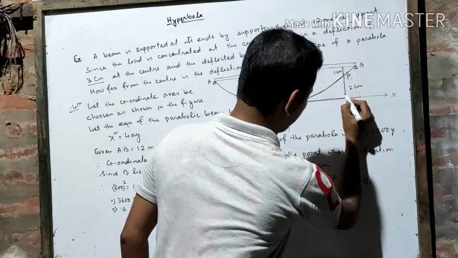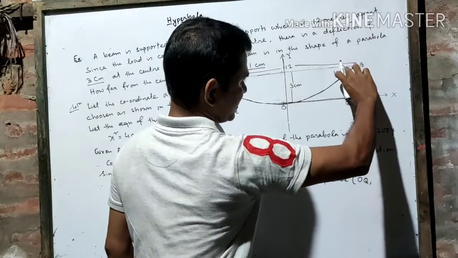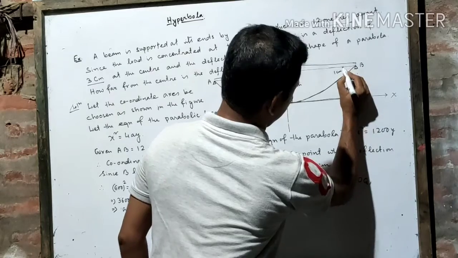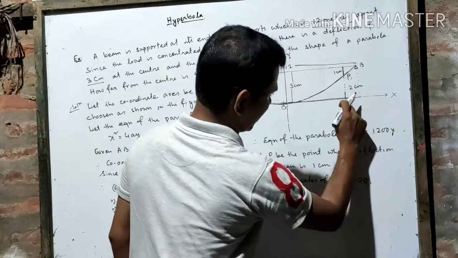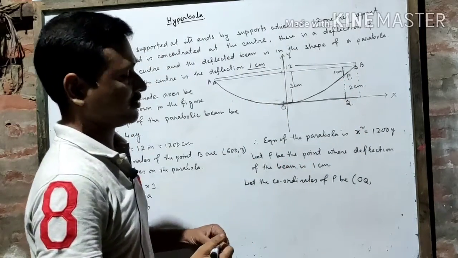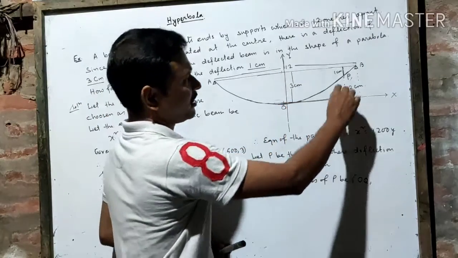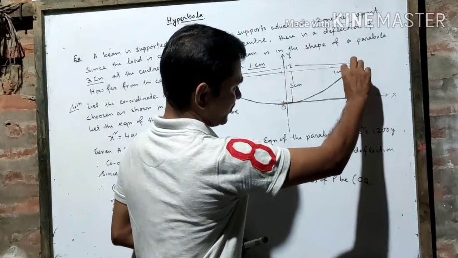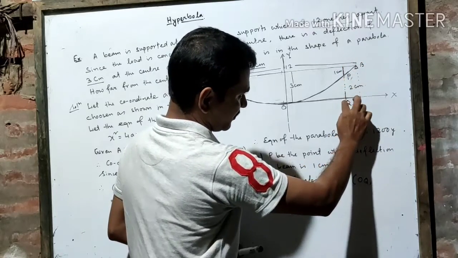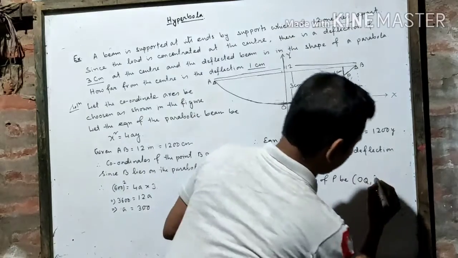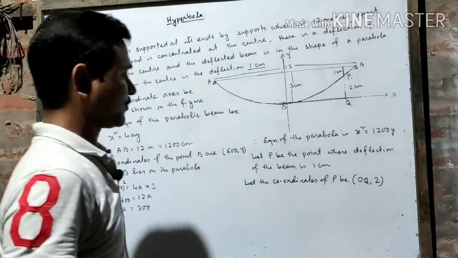This length is the y coordinate. The total length is 3 centimeter. Out of this, this length is 1 centimeter, so the rest will be 2 centimeters. Get it? Total length is 3 centimeter as given in the question, and at the point P deflection is 1 centimeter, so the remaining part will be 2 centimeter, which is the y coordinate. Okay, so the y coordinate is 2.